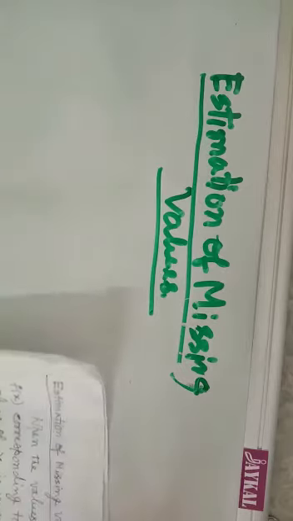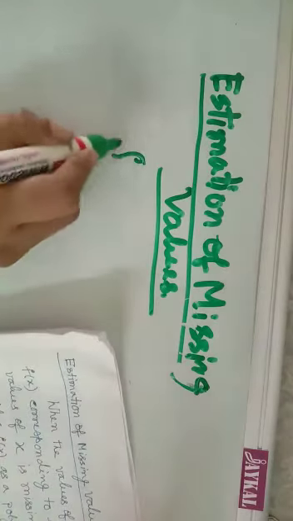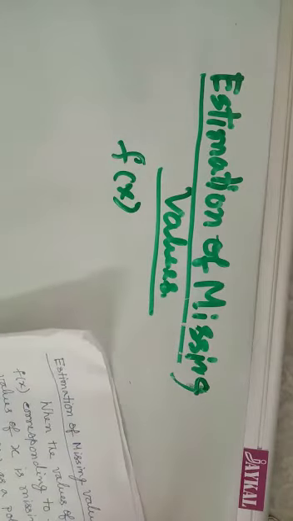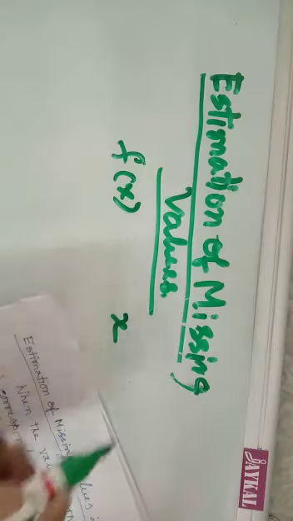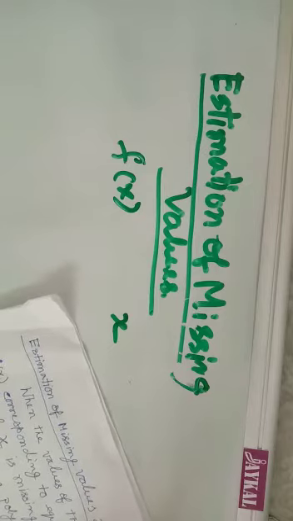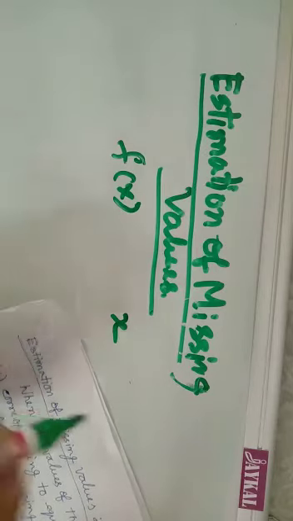Now, when the values of the function f(x), corresponding to equidistant values of x, are missing, we may consider f(x) as a polynomial of degree n minus 1.